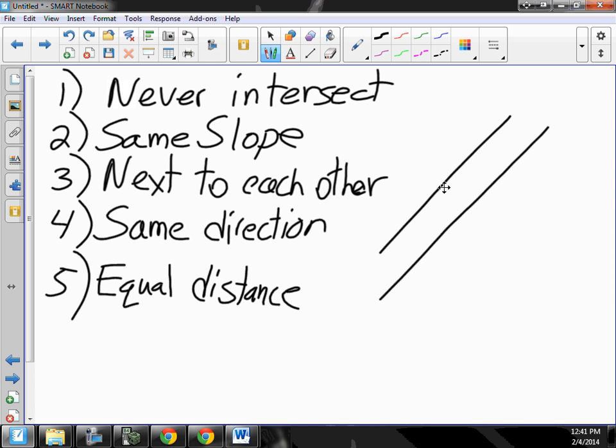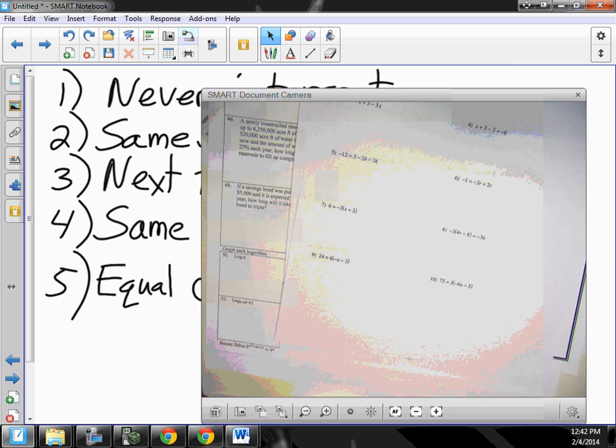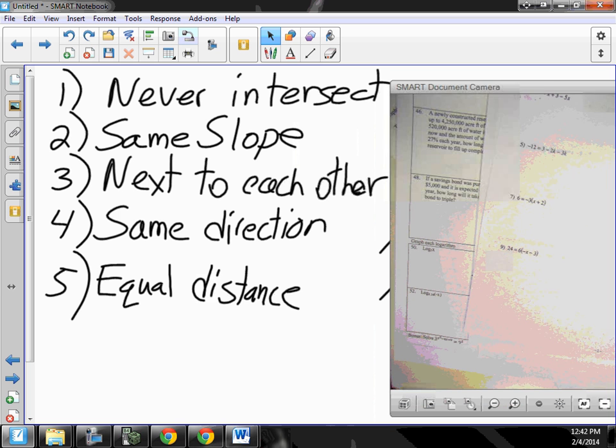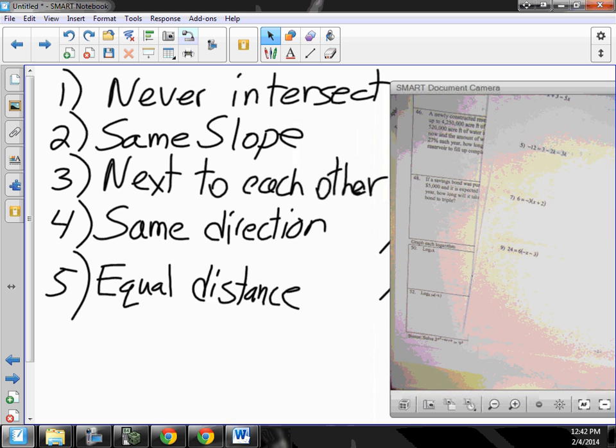Meaning that the distance between the two lines remains constant. Not the lengths of the lines, but the distance between the lines is constant. Okay, so here are 5 ways to describe parallel. We're going to compare these 5 ideas against actual sets of lines and see, are they in fact parallel?